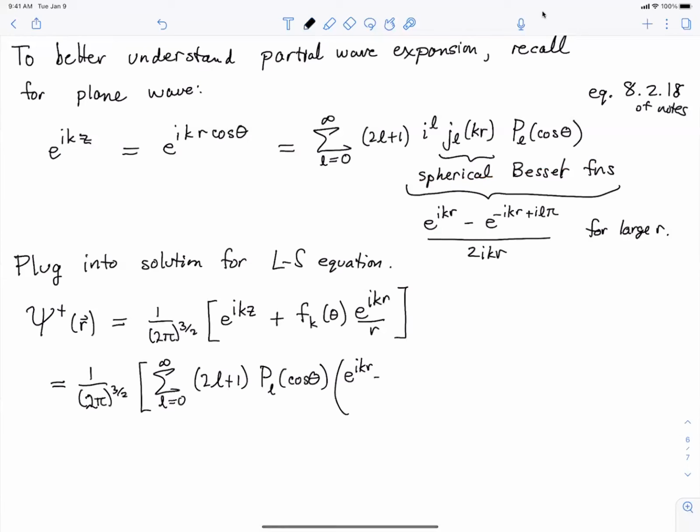I'm plugging in the expression above with its r, e to the ikr plus factors. Okay, and then I might as well just group them together right away. There was the part from the scattering amplitude, which is f_l of k, e to the ikr over r.